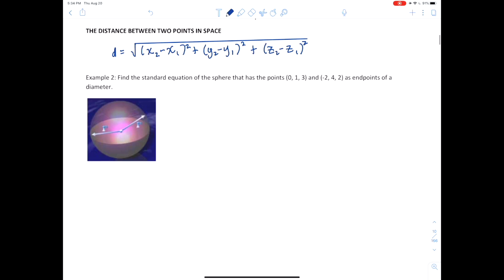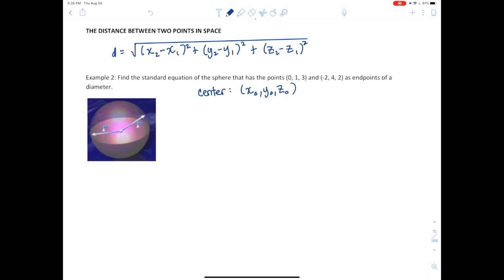So here on our second example, find the standard equation of the sphere that has the points 0, 1, 3 and -2, 4, 2 as endpoints of a diameter. Okay, so for the center, we need to do a few things, right? The center of the sphere, let's just call it x0, y0, z0.